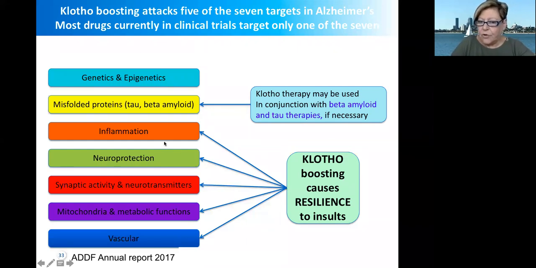I didn't go into all of this. And maybe it can be used in conjunction with beta amyloid and tau therapies if necessary. So usually the treatments today or in clinical trials are targeted to only one of these possibilities, but we hope that Klotho can maybe affect many more.